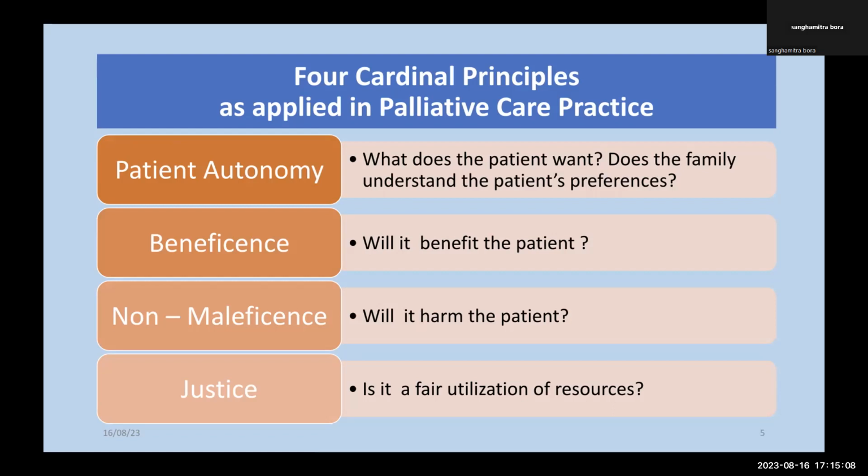And most importantly, does the family of the patient or the caregivers of the patient understand the patient's preferences at that point of time? Secondly, the question of will it benefit the patient defines the principle of beneficence, and will it harm the patient?